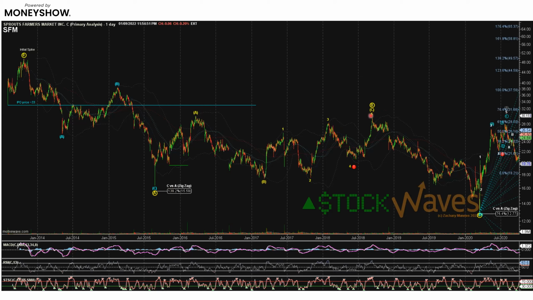We got 5 waves up in a C wave, and then that looked like a corrective flat, so we were looking for another C wave down from there. We got 5 waves down for that C wave to a pretty significant reversal off of the 12s, and then that went on to fill out 5 waves up and hold a corrective retrace from there. And so we've been bullish since that retrace in late 2020.